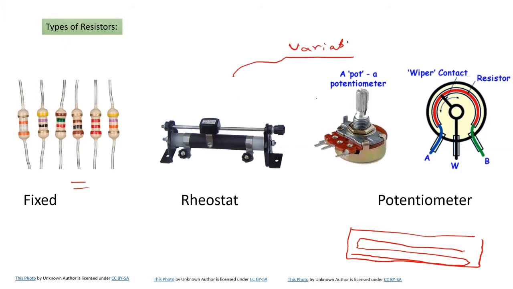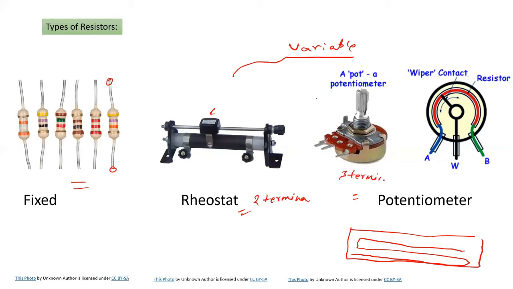That means we can vary the resistance while we move this indicator over the coils, and we get different resistance values. Here we have two types: one is the rheostat and one is the potentiometer. The difference is that the rheostat has only two endpoints, so it is a two-terminal device, whereas the potentiometer has three terminals.